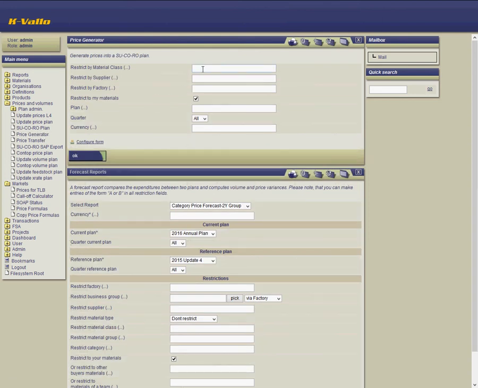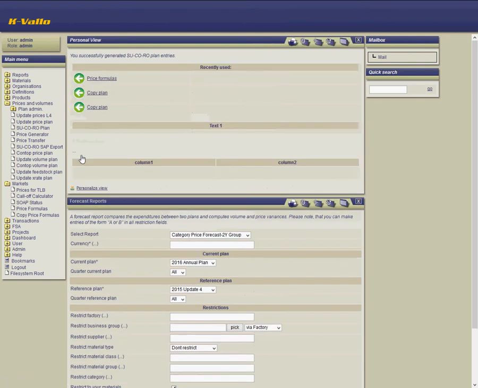So we restrict by class, which was labeled. It was the supplier Flex, and it was the factory Dijon. And it is in the plan quarter one, and it's the currency euro. So now this is generated.